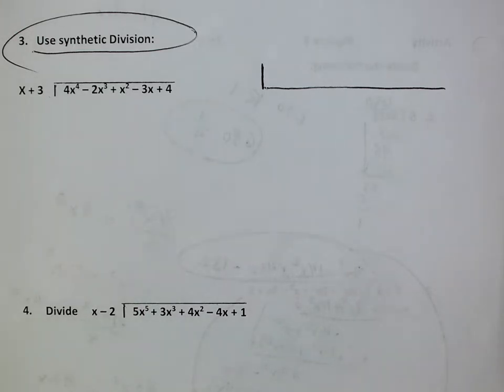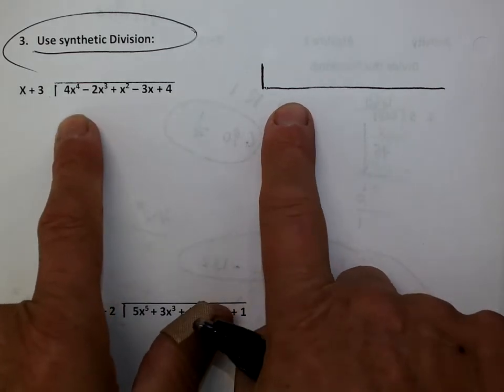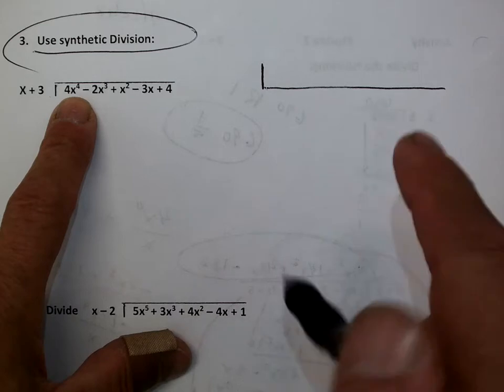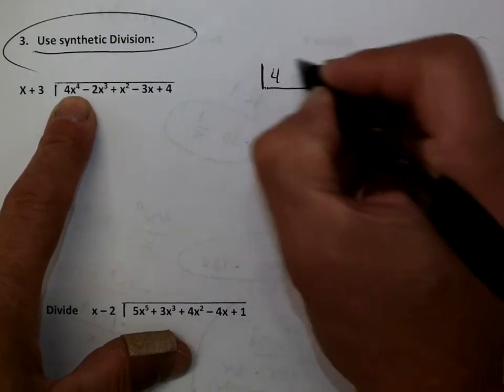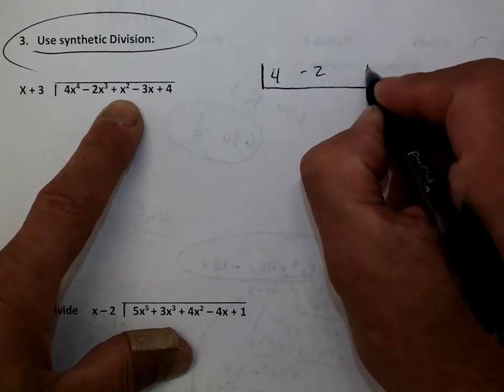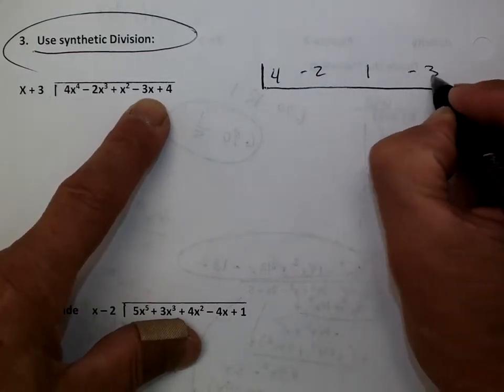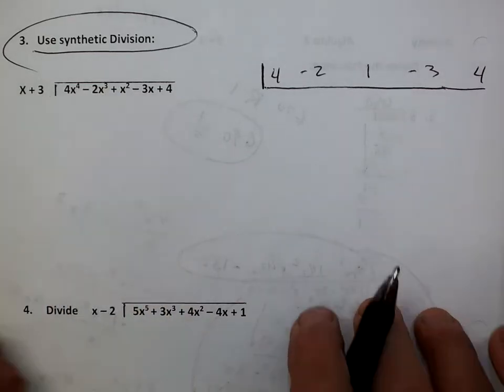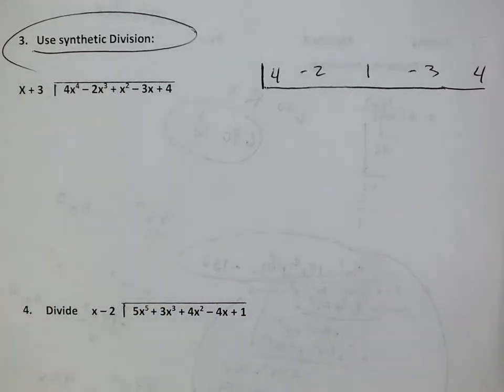Now, we don't need to put the x's in because we know the x's are there. So I'm going to put a 4, negative 2, 1, negative 3, and 4. Just put the coefficients, okay?